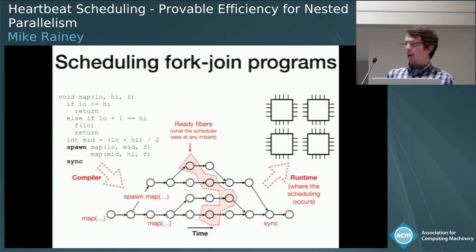I'll be using computation graphs in the sense that every vertex corresponds to a step in the execution of a fiber, and every edge corresponds to a control or data dependency. Then you have a runtime system that maps the parallelism in those computation graphs onto the actual cores.